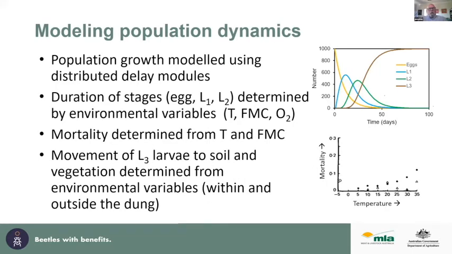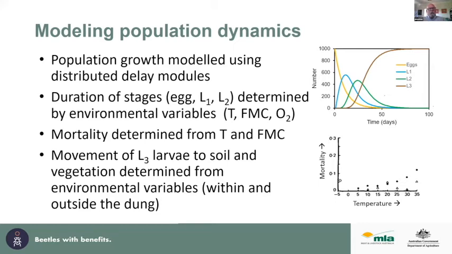I used a distributed delay module to simulate the progress of the larvae through the larval stages, changing their development rate depending on the temperature within the dung, the fecal moisture content, and the oxygen levels. We know the mortality is influenced by temperature and fecal moisture content, and that's easily incorporated into the model.